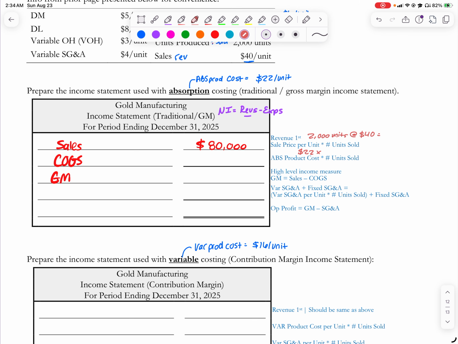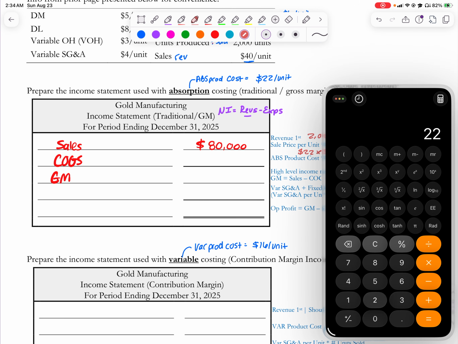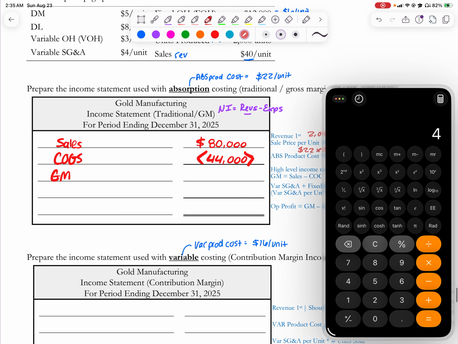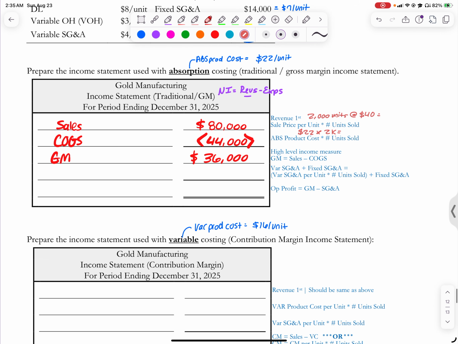So $22 times the number of them that I sold, which was 2,000. 2,000 sold, costing $22 each, is 44,000 in cost of goods sold. 80,000 in sales minus the 44,000 cost of goods sold gives me a gross margin of 36,000.